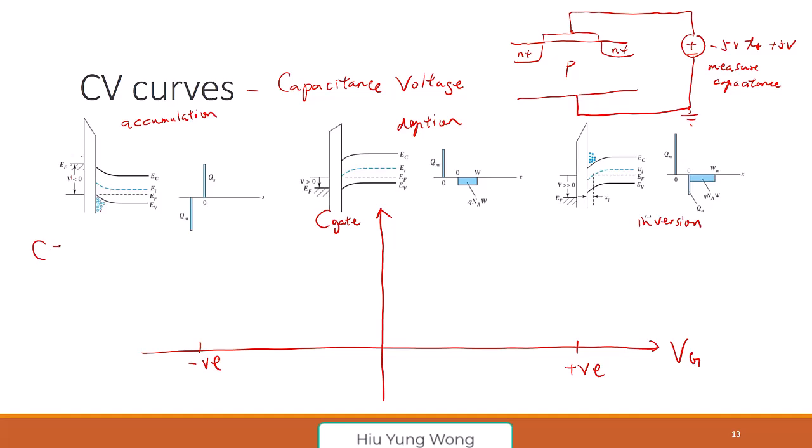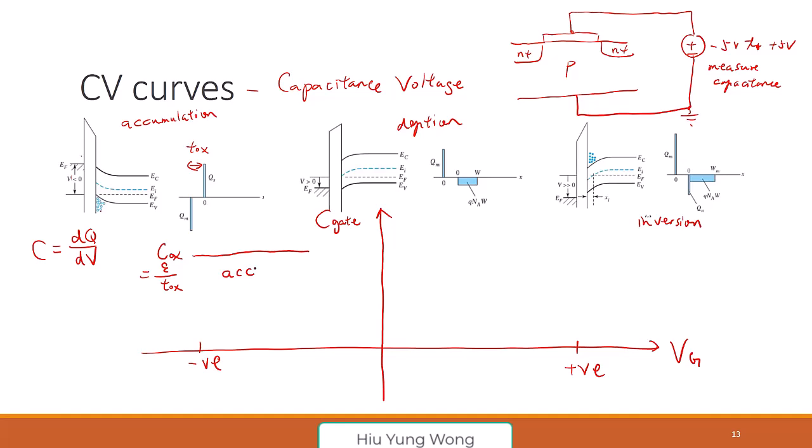Remember what is capacitance? It's just dQ dV. I change the voltage a little bit, I measure how much more charge will go in. And since this charge, you see that they are only separated by the oxide thickness. So I expect that I will get Cox in this region for accumulation.